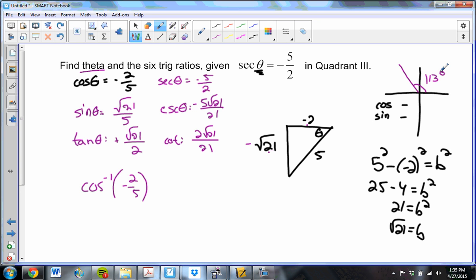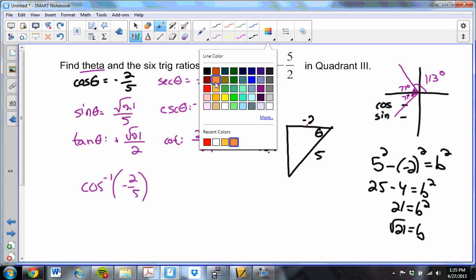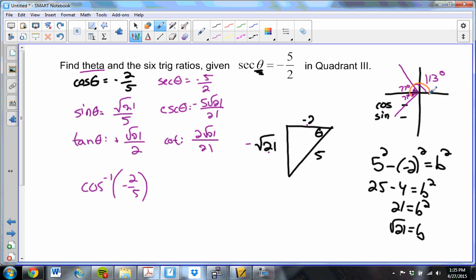There's no space in your calculator to store quadrant 3 values. So we have to find it. We have to use reference angles, actually. If that's 113 degrees, then this little bit here is 77 degrees. So what I want to do is take that reference angle of 77 degrees and put that in quadrant 3. So the whole entire angle all the way around is 180 plus 77, which is 257.